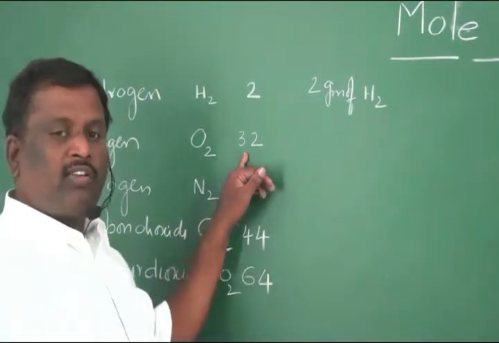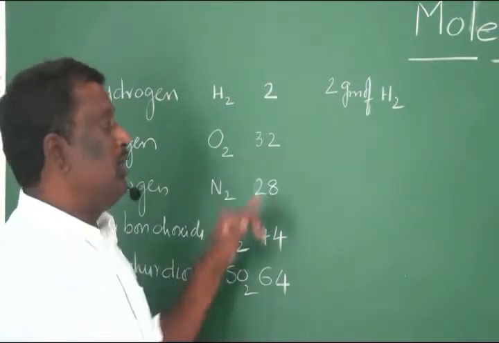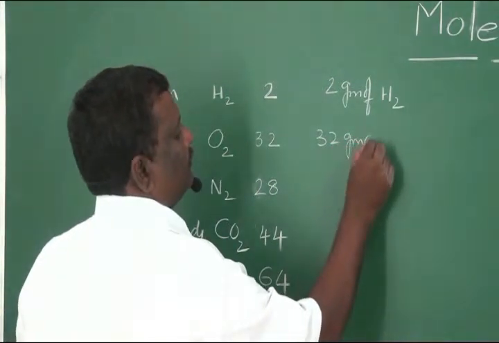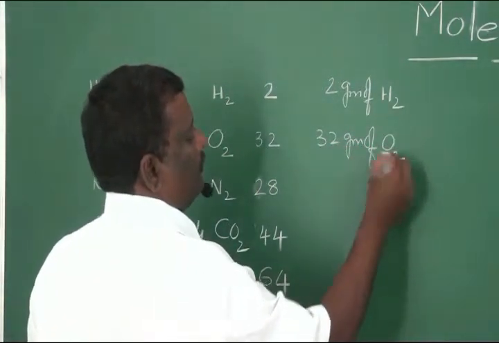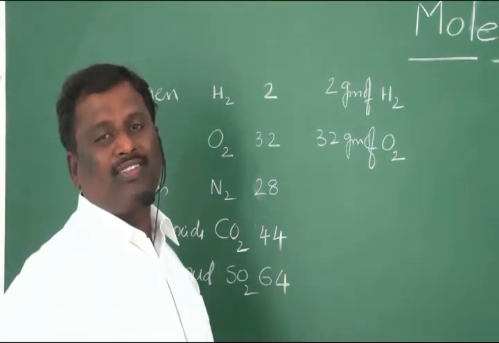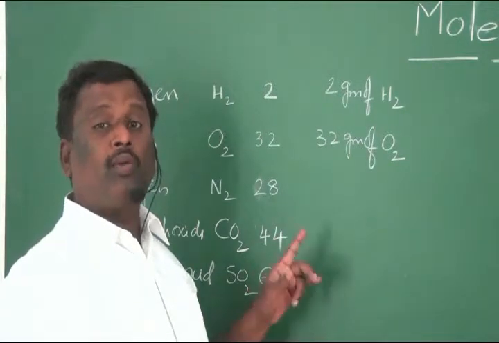The molecular weight of oxygen is 32. If you have taken 32 grams of oxygen, this is said to be 1 gram molecular weight of oxygen, because 32 is the molecular weight of oxygen.